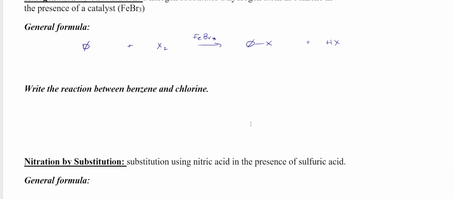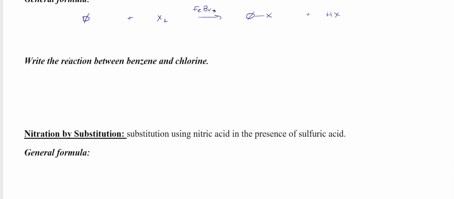Let's be more specific. Let's actually do one right here. Write the reaction between benzene and chlorine. So I'll draw my benzene ring right here. I'll do this one with alternating double bonds. Okay, and then I have my chlorine in the presence of iron 3 bromide. Then one of the chlorines, and then, you know what, I'll stay consistent. Sorry, guys.